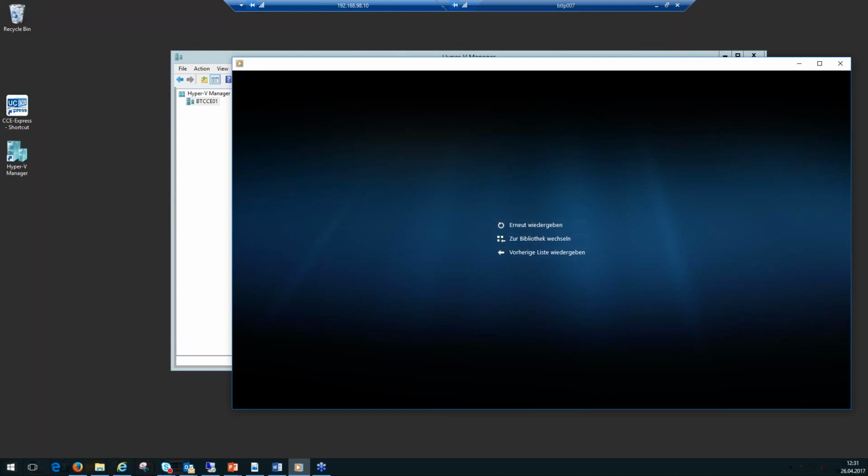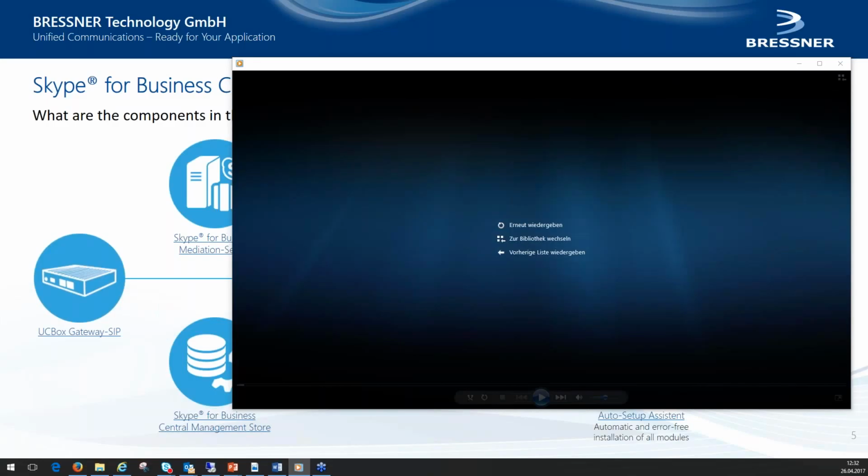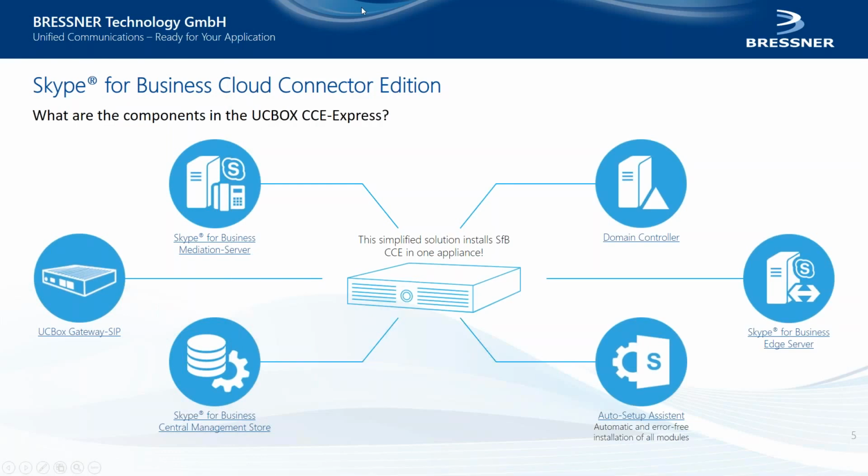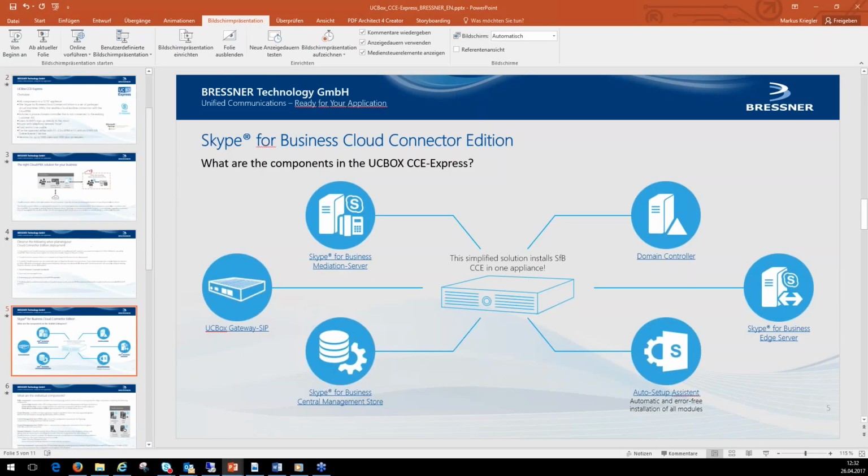And actually that leads us to another question which also has been asked a number of times. If you can explain a little bit about the non-CCE edition of the Bressner box, or the one if you just want an on-premise full installation. Yeah, so we have also a solution for the on-premise installation. So I will jump into the Full Express, just a second.